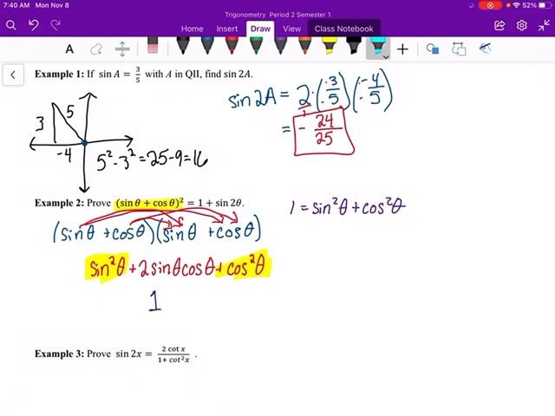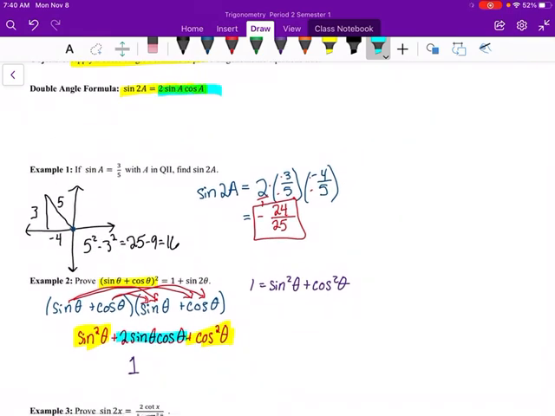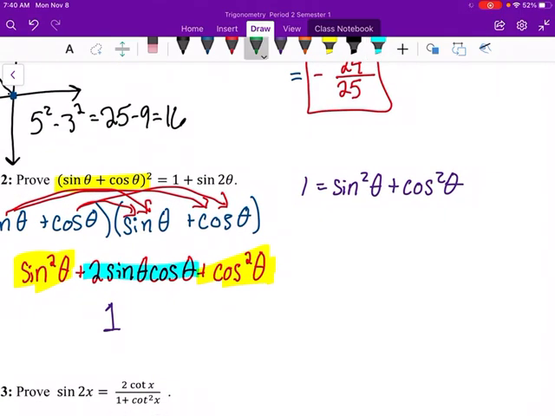And if we look back at our identity that we learned today, 2 times the sine of a times the cosine of a is equal to the sine of 2a. So we can replace this with plus the sine of 2 theta, which is what we were trying to get to. Remember, when you are proving these identities, you want to work on one side of the equation until you get to the other side of what you were trying to get.